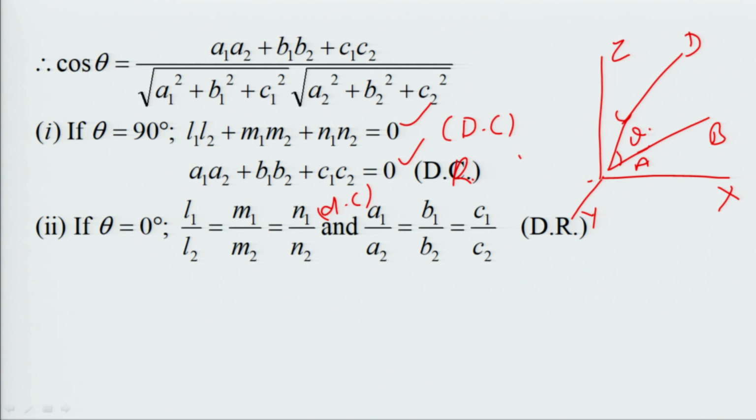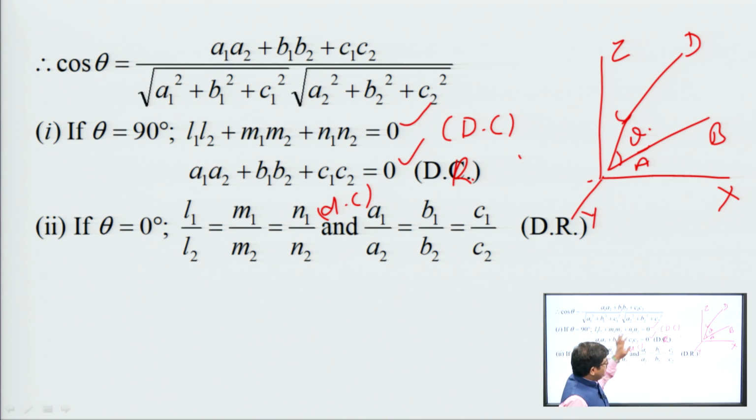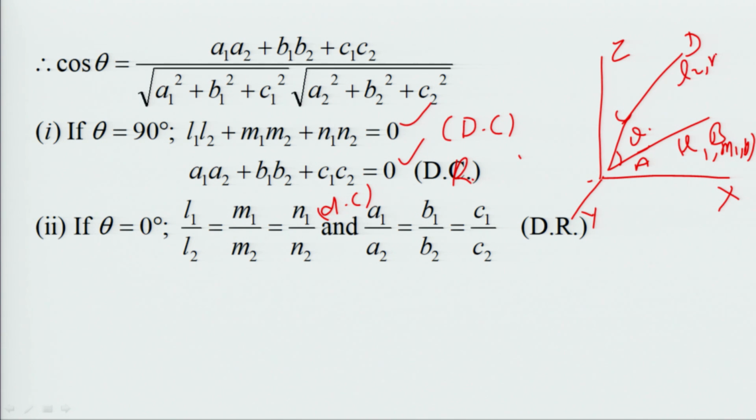In this case we have discussed their direction cosines L1 M1 N1 and L2 M2 N2, and direction ratios A1 B1 C1 and A2 B2 C2.